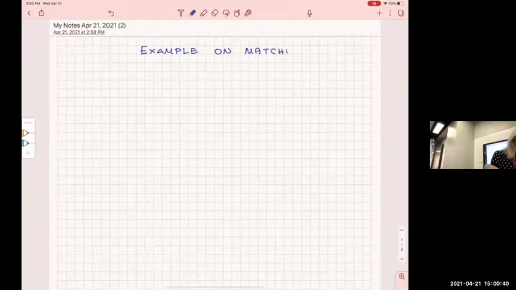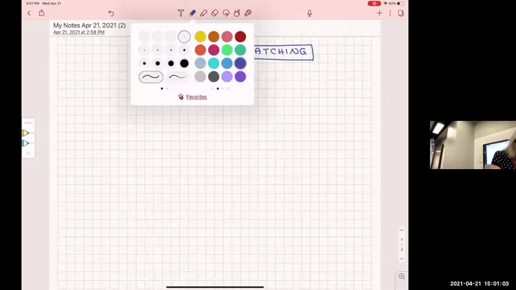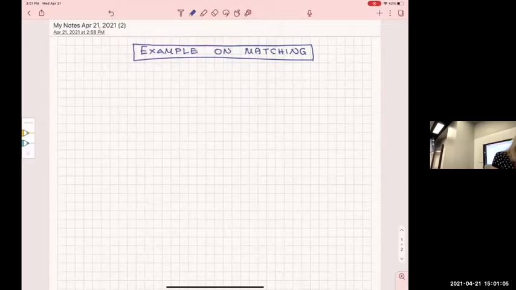Now, matching is that you have a transmission line, you have a load at the end of the transmission line, and then you're trying to find a way to match the load to the line. And we're going to talk about this again to remind you while I'm going to set up this problem. So the problem is the following.